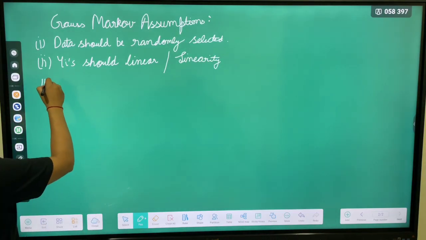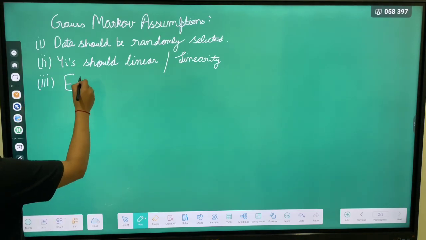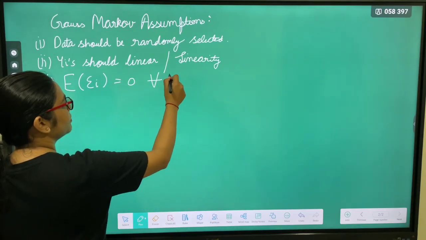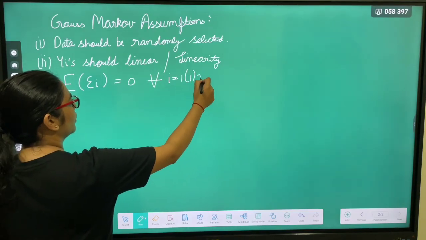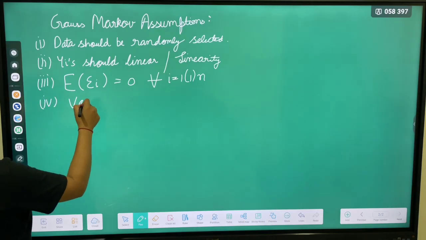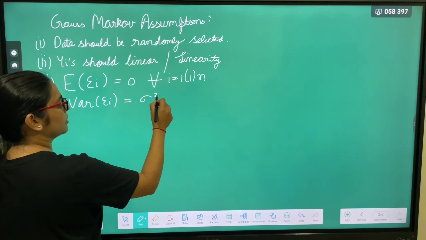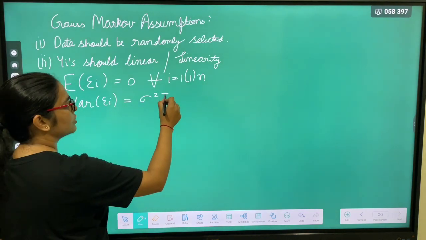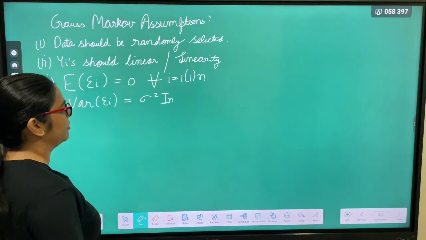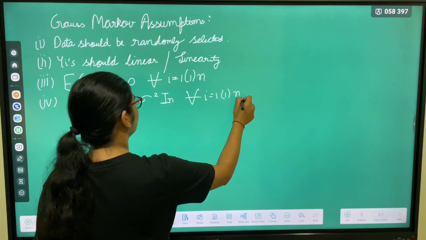Then the third one is expectation of epsilon i is equal to 0 for all i going from 1 to n. Then the variance of epsilon i should be a constant value sigma square, but it should also be multiplied with an identity matrix In, because we are talking of matrices in this, for all i going from 1 to n.